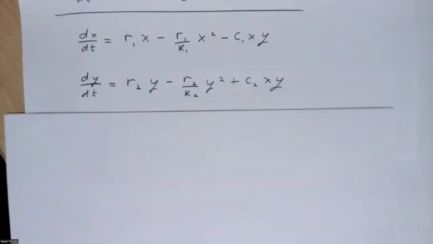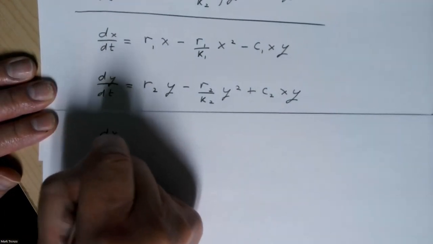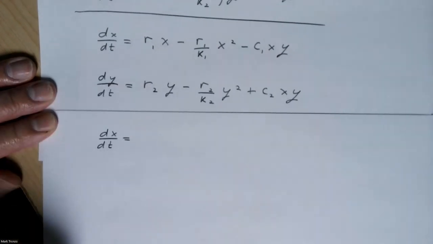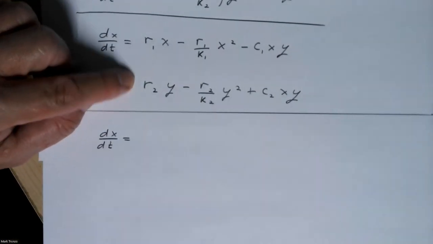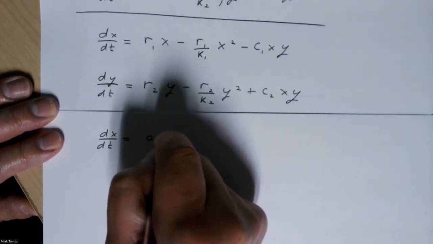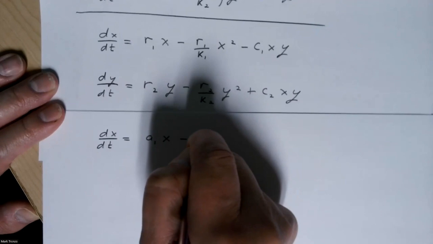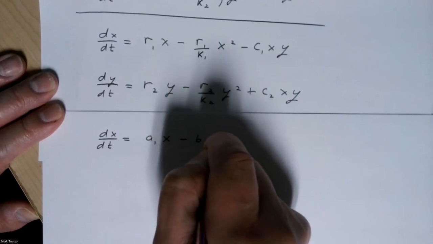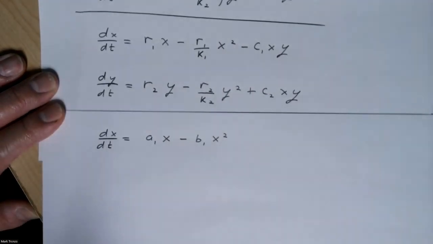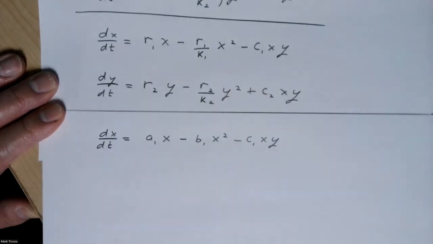Now we can maybe simplify our constants just a bit. We can make these, for dx/dt, and let's maybe call this R1 x, we're going to call that A1 x, and we'll call this one over here B1 x squared, and we've already named that C1 xy.